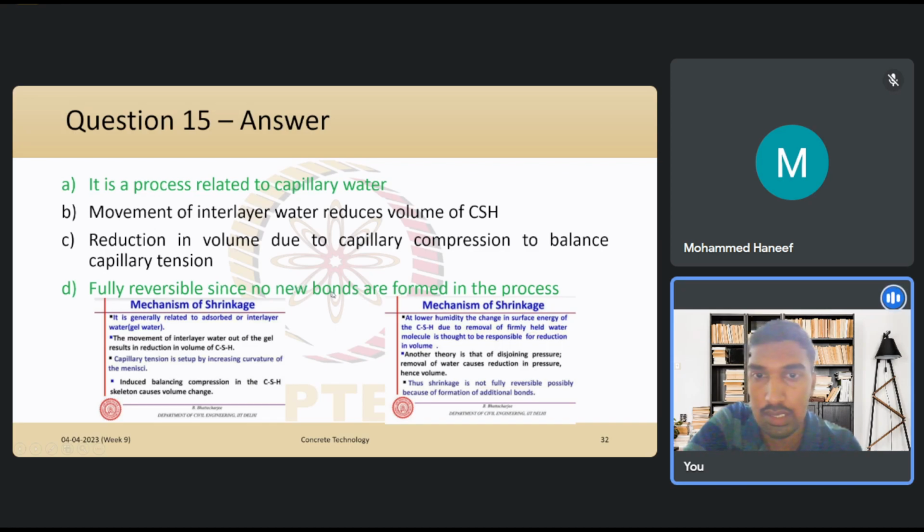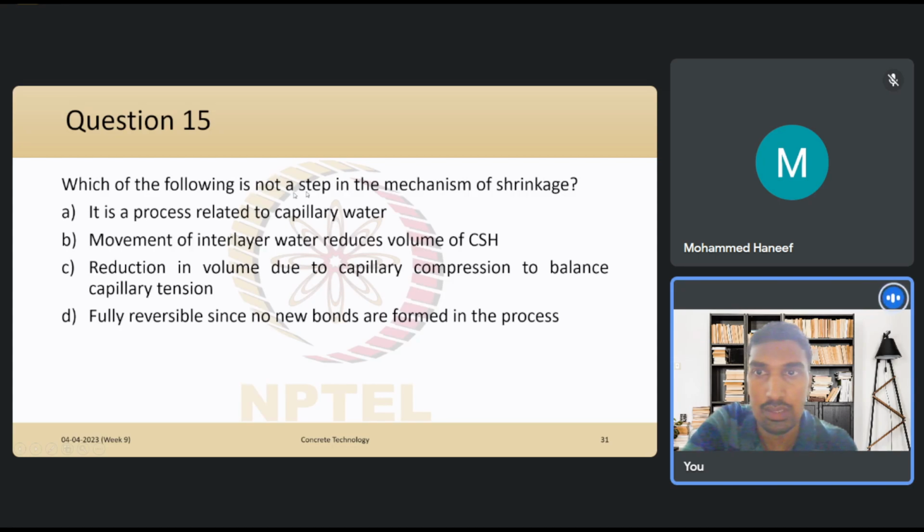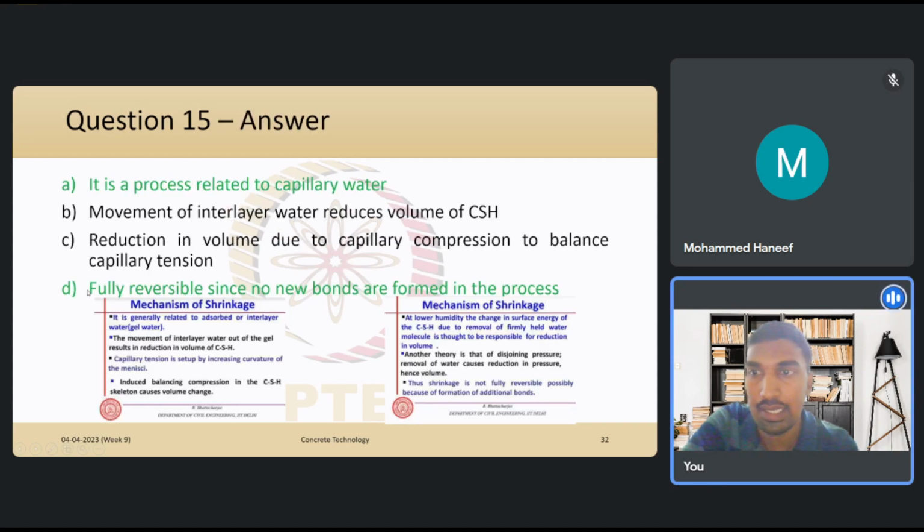Some are broken, but some new bonds are also formed, and therefore this process is not completely reversible, right? So it is not a fully reversible process because of the formation of additional bonds. So out of the four, options A and D are incorrect. The question also asks which of the following are not a step, right? So both A and D are not part of the shrinkage mechanism.